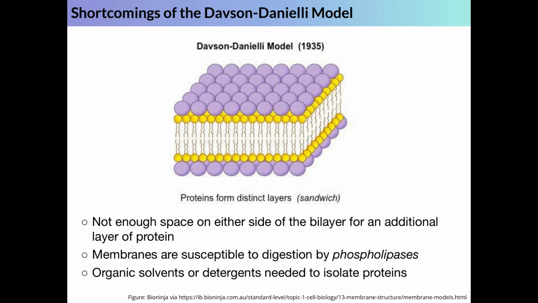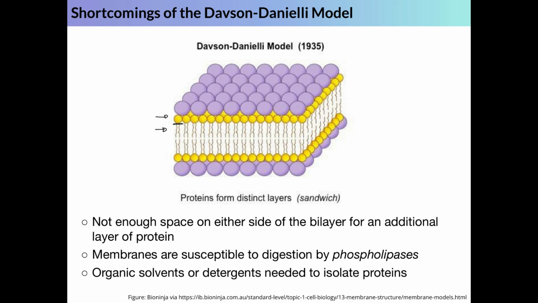It was also found that membranes are susceptible to digestion by phospholipases, and these are enzymes that cleave the phospholipid heads, so they separate the heads from the tails. When membranes were incubated with these phospholipases, approximately 75% of the lipids were digested, and that would not have been possible if there was a sandwich of proteins above and below the membrane, because the proteins would then protect the phospholipids from digestion.